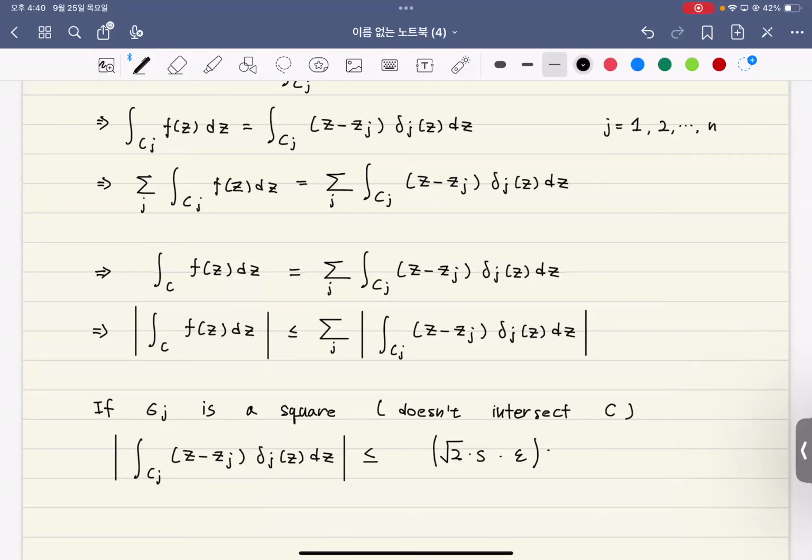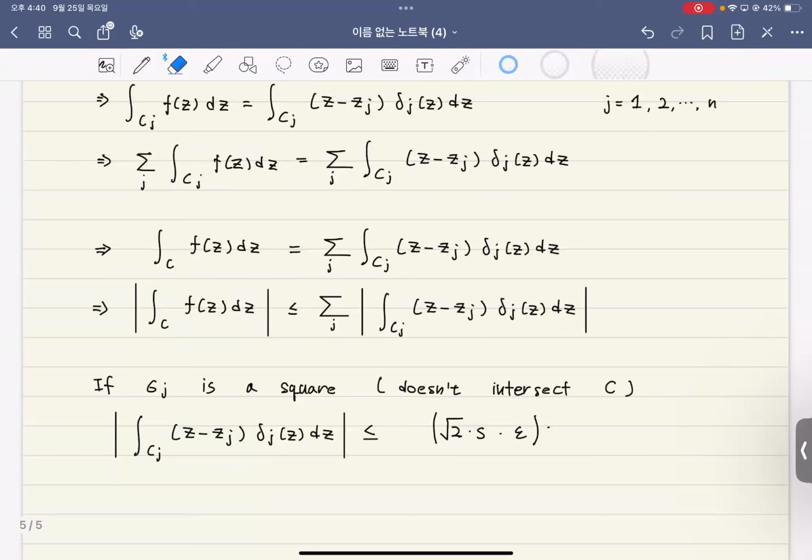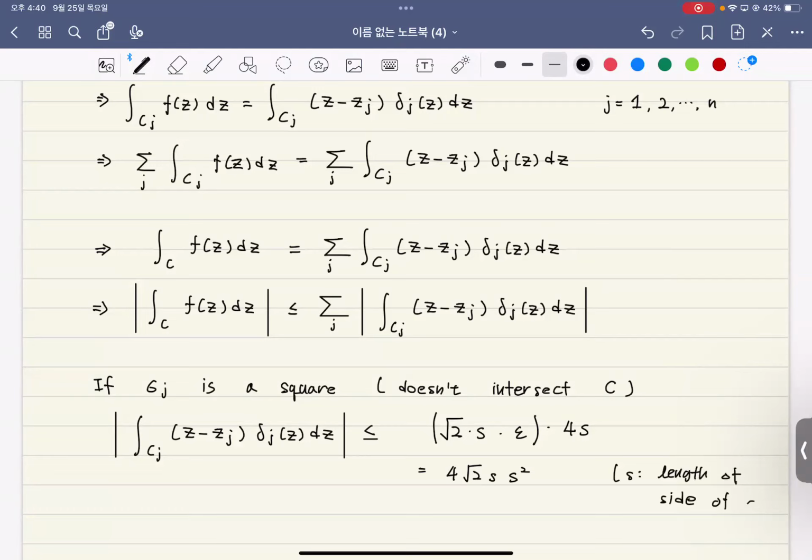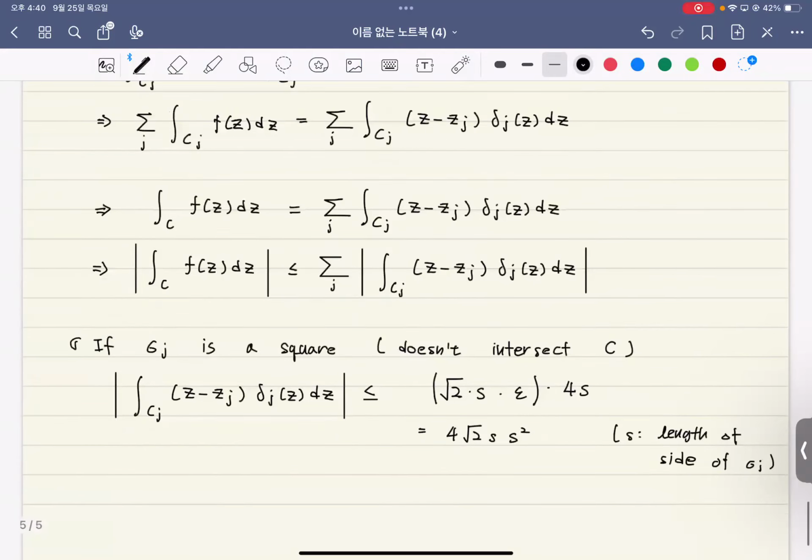So this is 4 times s. All right. So this is 4 times square root of 2 times s squared times epsilon. This is case number 1.